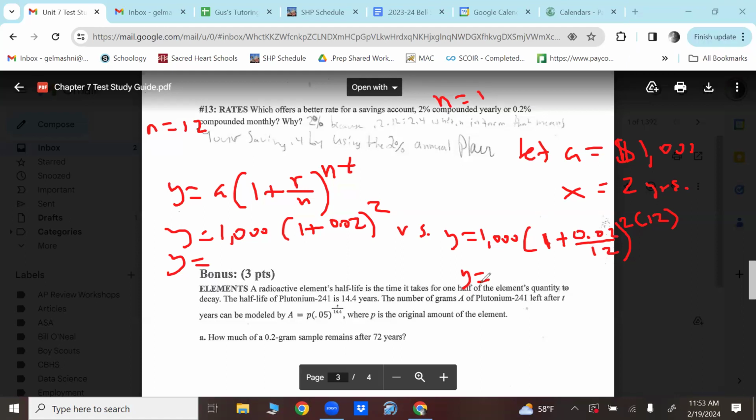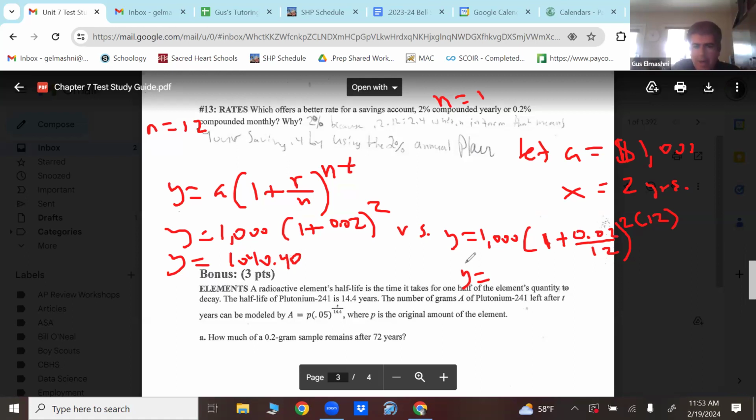This is 1040.4. It's not much, obviously. It's a very small difference, but whoop-de-doo, 37 cents. Yes, the monthly's better, but not by much.